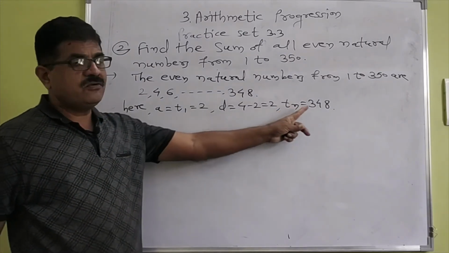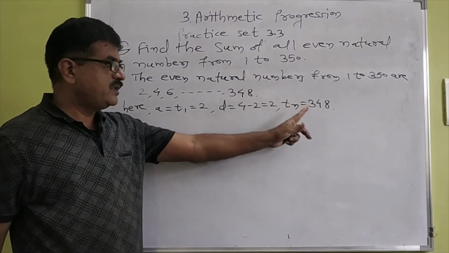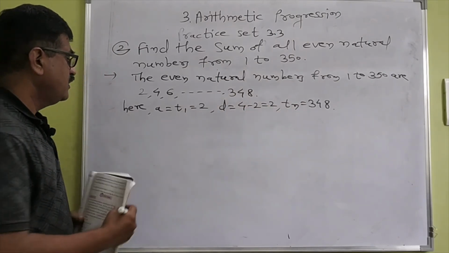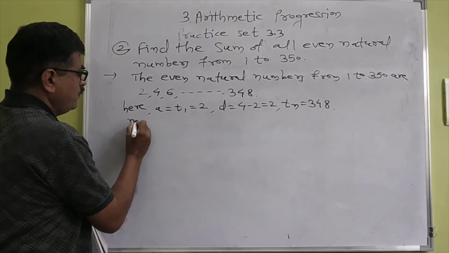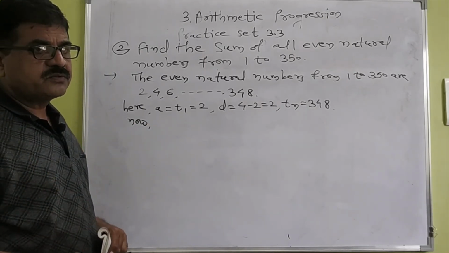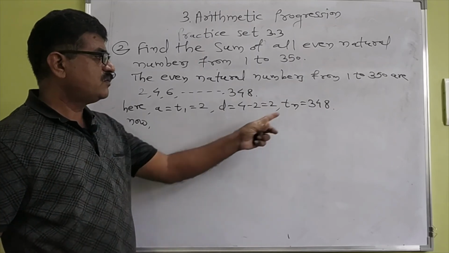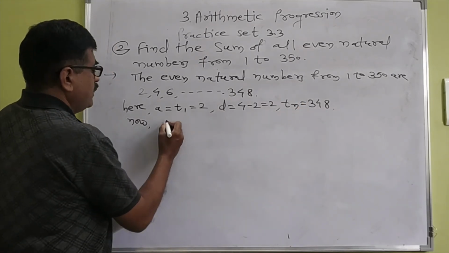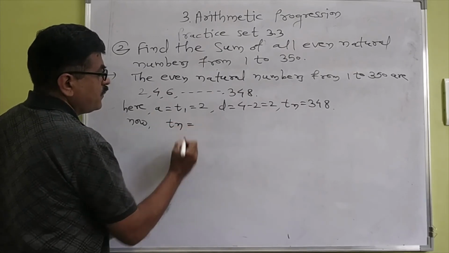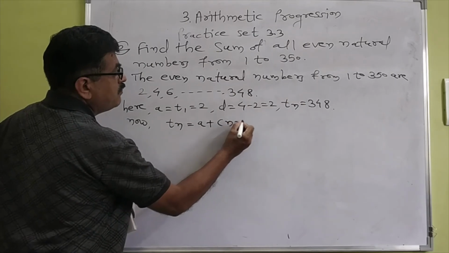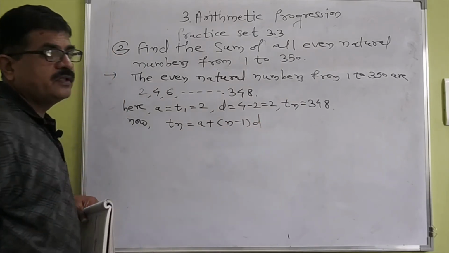We have the value of Tn, therefore first we have to find the value of n. Now write down the formula for Tn: Tn is equal to a plus (n minus 1) into d.